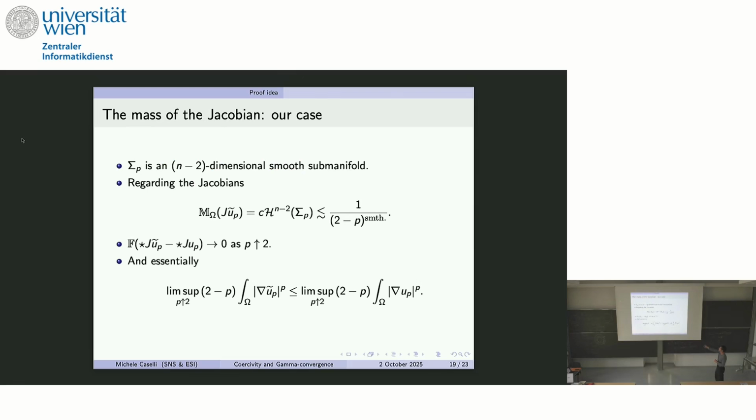I will just point to the second one. We can deform the Jacobians in a way that the flat limit is the same, but the mass of the Jacobians explodes at most polynomially.